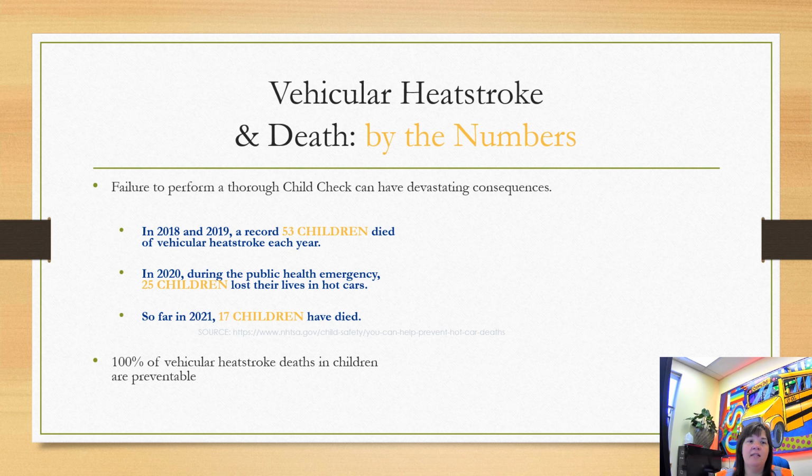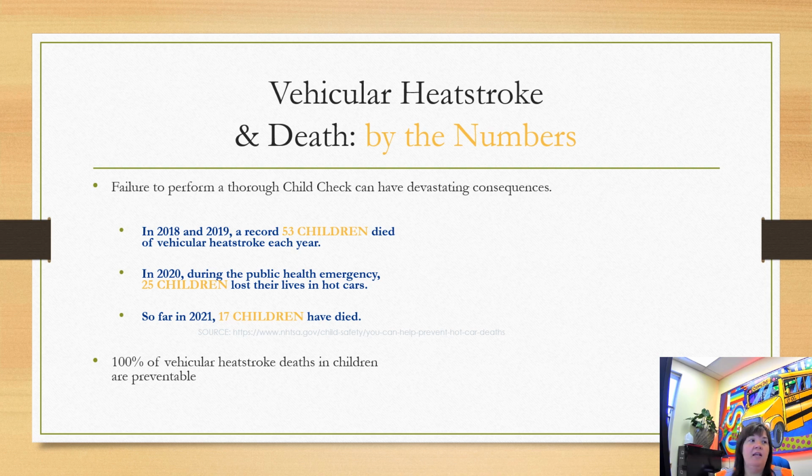Now, this doesn't say that it's school buses or other vehicles. I'm going to assume that there's a whole plethora of vehicles recorded in this number. In 2020, during the COVID year, 25 children lost their lives in hot cars. So even though most people were staying home, it was still happening. So far in 2021, 17 children have died.